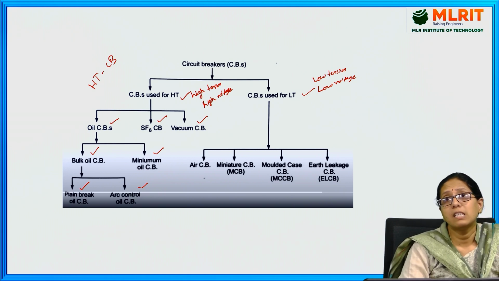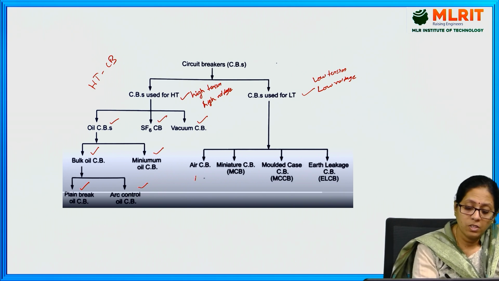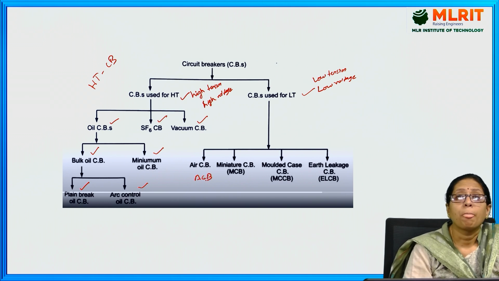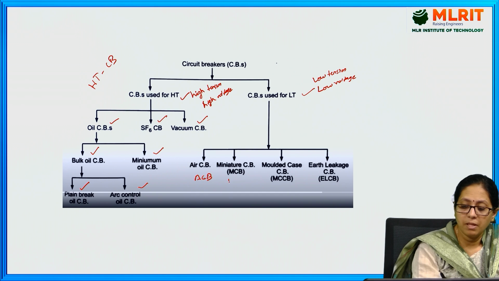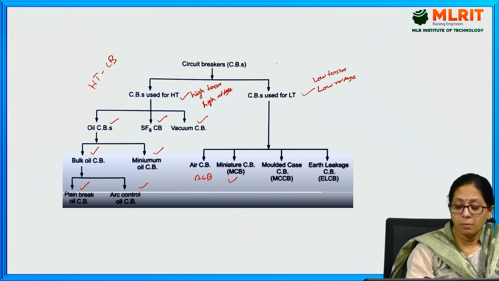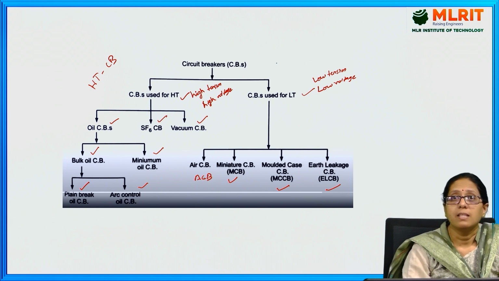And in LT circuit breakers, you will be having air circuit breaker, which is also called ACB, miniature circuit breaker, that is MCB, molded case circuit breaker, that is MCCB, and earth leakage circuit breaker, that is ELCB.